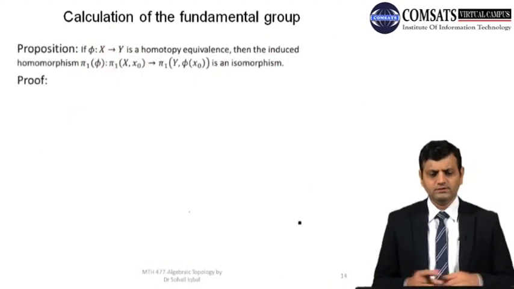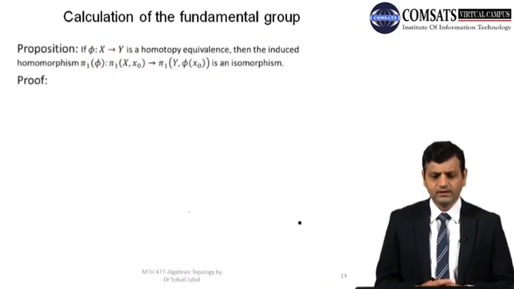As a consequence of this result, we have the following proposition. It says that if x and y are homotopy equivalent, then the induced homomorphism pi 1 of phi from the fundamental group pi 1 of x, x naught to pi 1 of y, phi of x naught is an isomorphism.